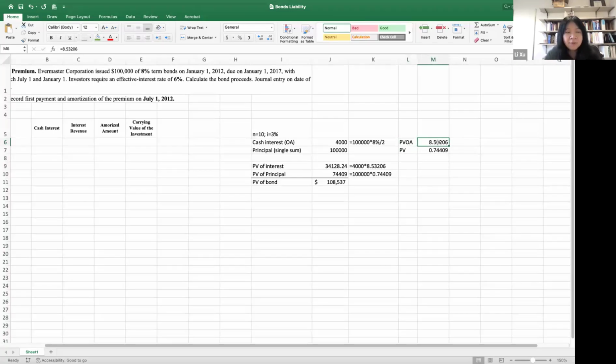This is the first number I take, and I get this from table 4, the present value of the ordinary annuity. Next, we're going to look for the single sum, which is on table 2. Again, let's take a look at the time value of money table.